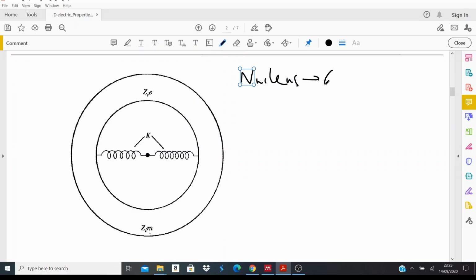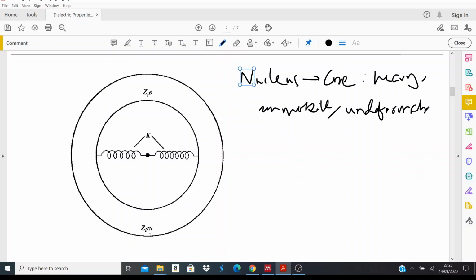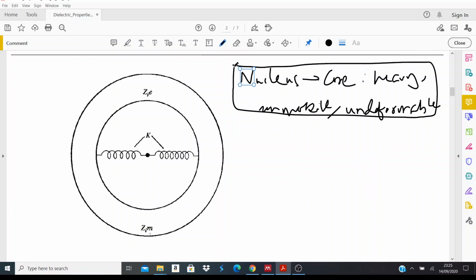This nucleus is very heavy, because it has a number of protons; it's immobile and undeformable. These are our assumptions. Because it is very heavy, it cannot move, and it's really undeformable.